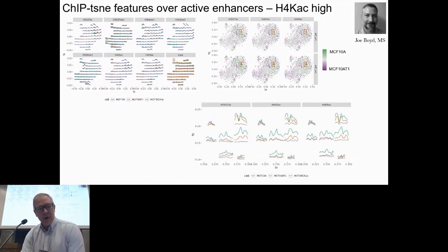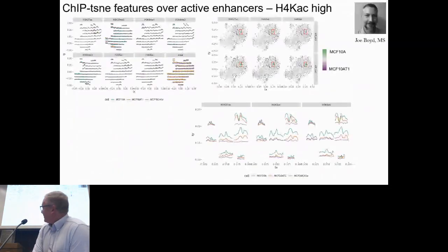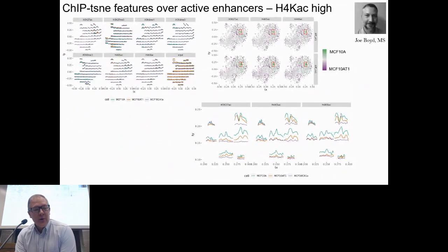And what I'm showing here is a t-SNE plot that is generated by clustering features composed of bed files of regions of the genome. And here we're looking at active enhancers with histone H4 lysine acetylation.